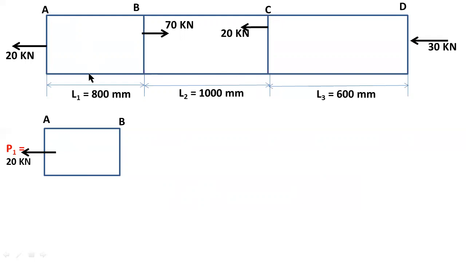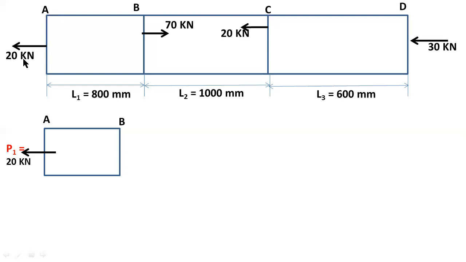First of all I consider this bar AB. Here the load acting at point A equals 20 kilonewtons. I consider this load as P1, because I consider this section as section 1. So P1 is the load acting on section 1, that is 20 kilonewtons.